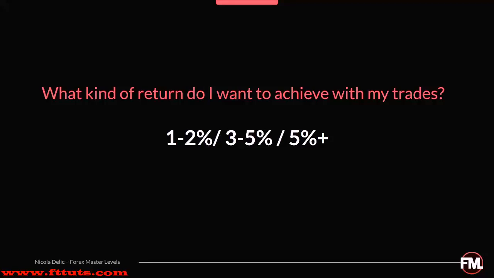And over 5%, you only need to go for something crazier, something that moves more, or go and double your risk. Because if you want 1 to 2 risk reward and you want to earn 5%, you need to risk at least 2.5%.